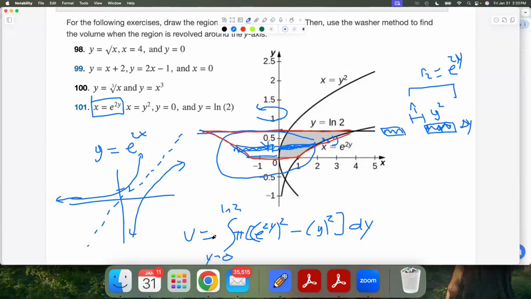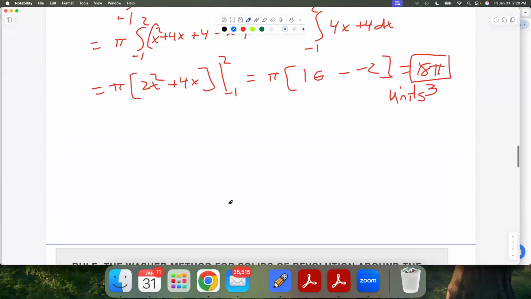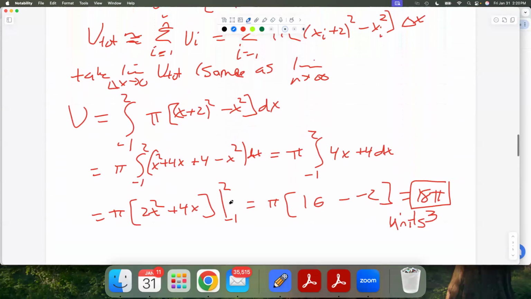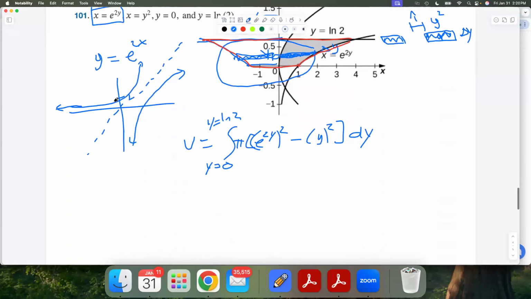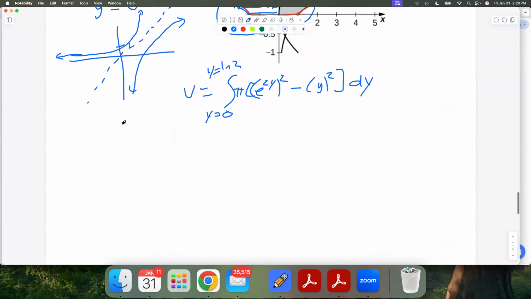And I'll even put on here, these are y equals. And remember up here on this last one, these were x equals. I'll put that on here. Okay, now let's do the integral. So that'd be the integral from 0 to ln of 2.